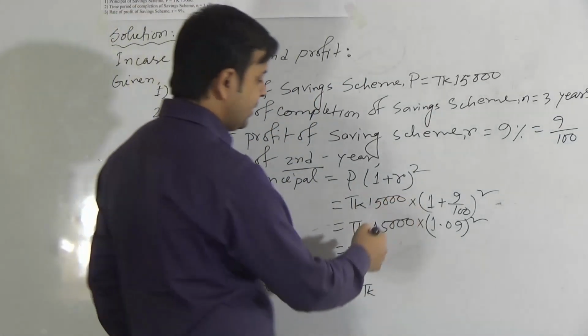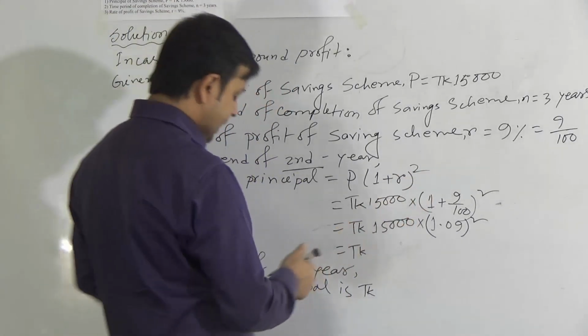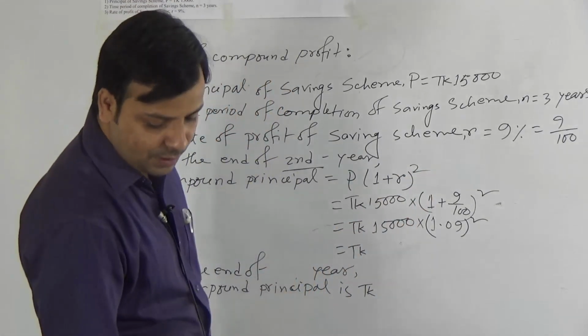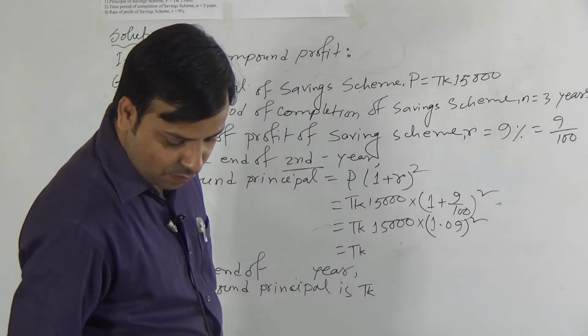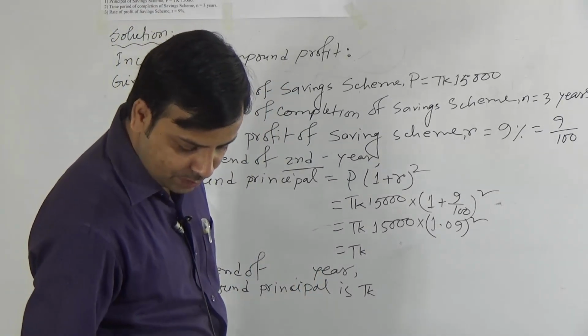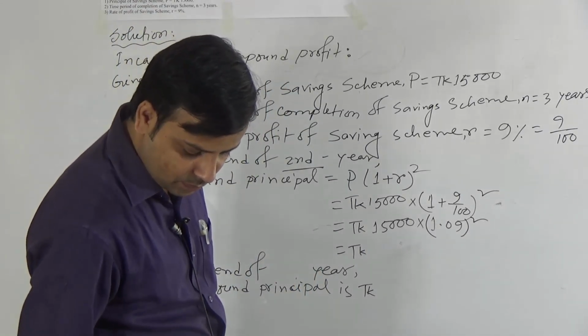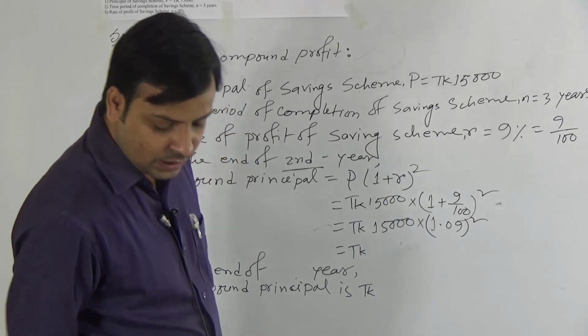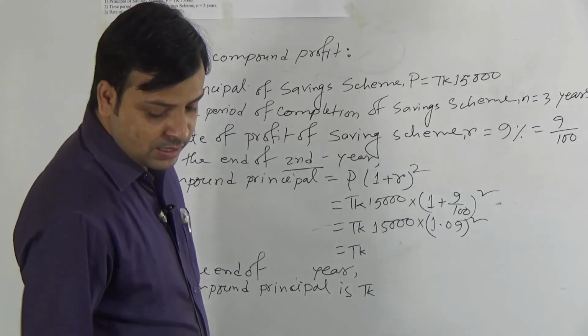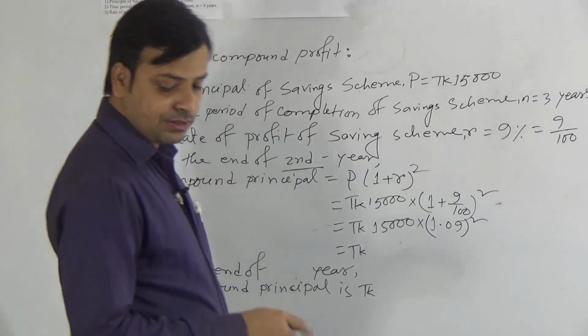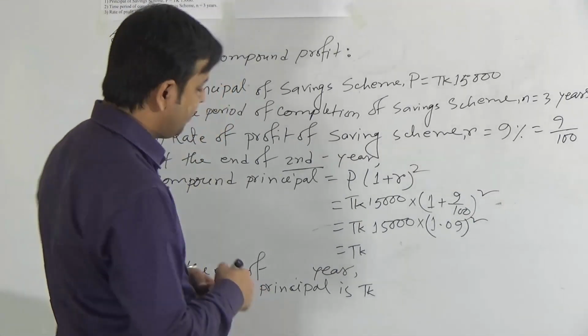So at the end of second year, if you calculate, multiplying 1.09 two times, you will get 17,821.5.